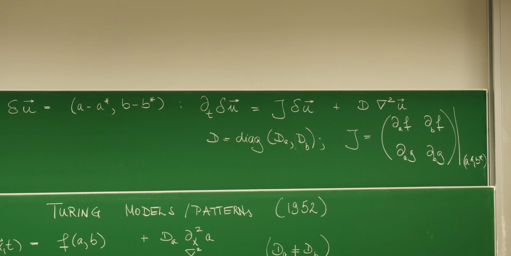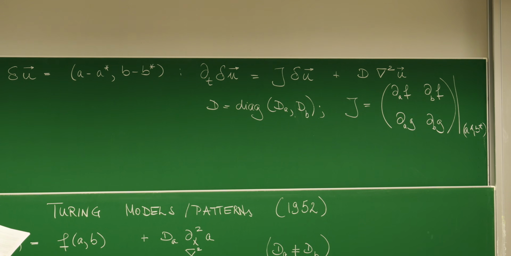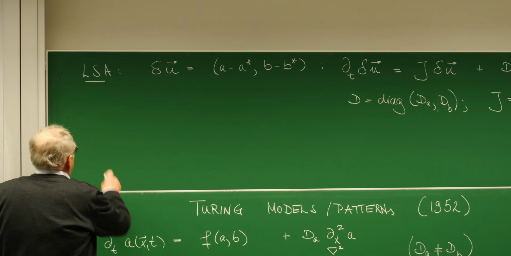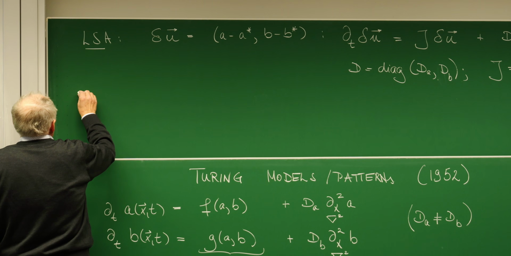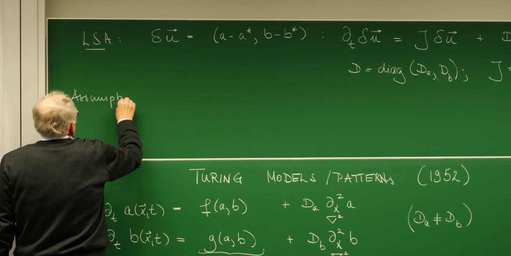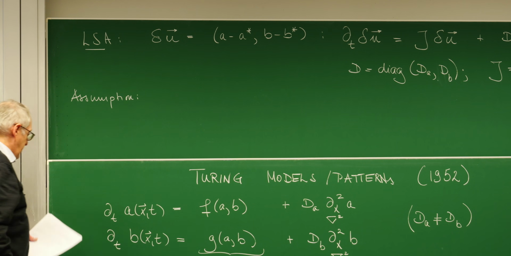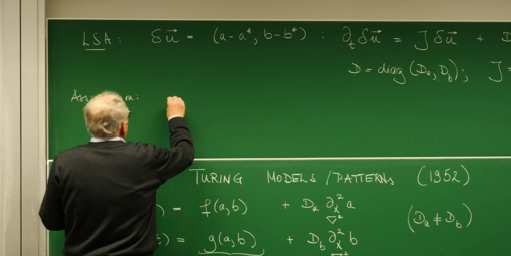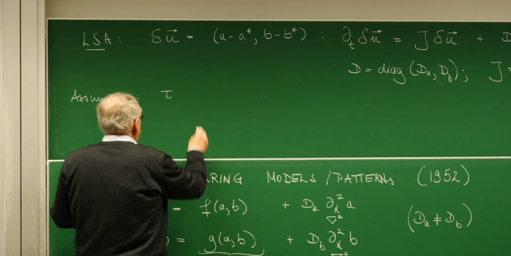Okay, so that's what you get in terms of the linear stability analysis. And now from the assumption that we make, the assumption is that our fixed point A star B star is stable to homogeneous perturbation.